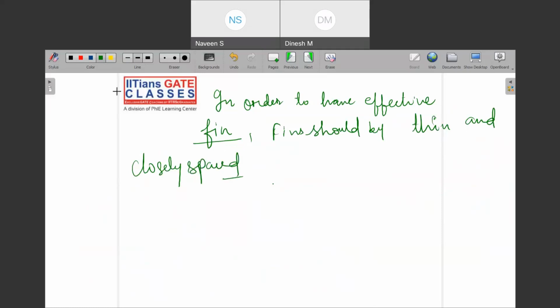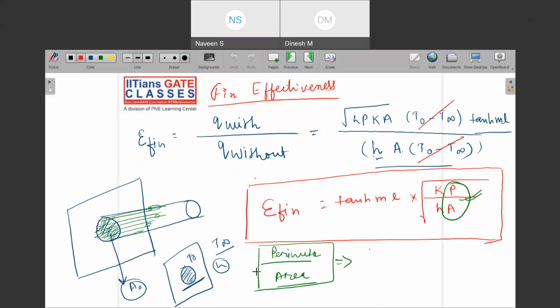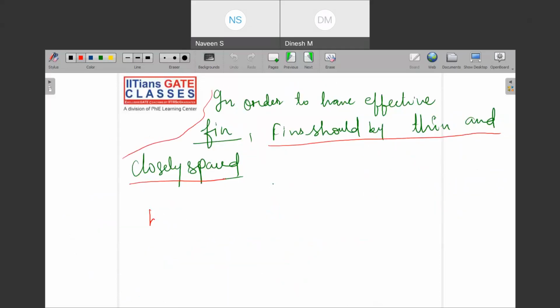This thing has appeared so many times in the exam. What is that? How you are installing fin. So installation of fin should be in a manner that your fins are thin and they are closely spaced. And other significant things are that your H value should be lesser, your K value should be higher. So this is all about fin.